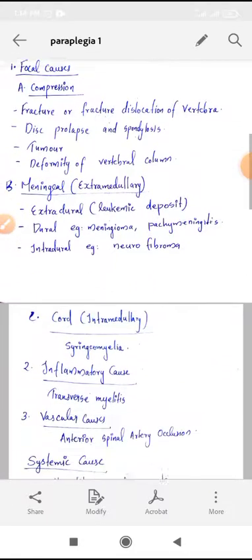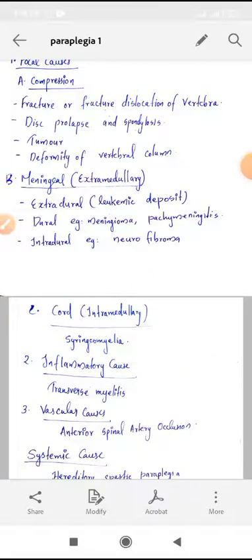Then it can be due to a meningeal problem, that can be extramedullary: extradural, dural or intradural. Extradural is leukemic deposit, for dural, meningioma, pachymeningitis, and for intradural, neurofibroma. Then it can be a spinal cord problem, that is intramedullary, like syringomyelia.